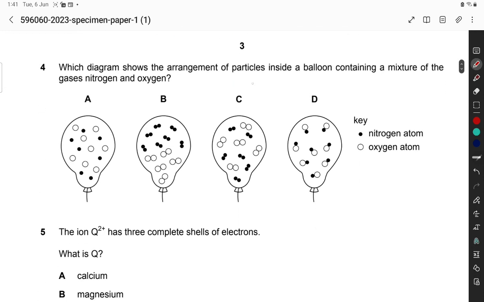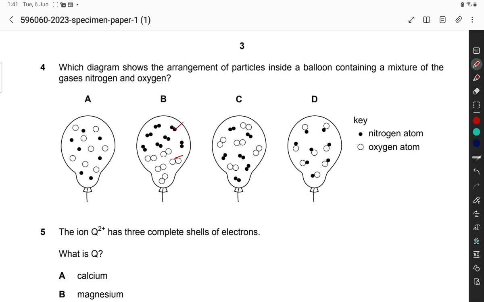Which diagram shows the arrangement of particles inside a balloon containing a mixture of the gases nitrogen and oxygen? Nitrogen is this shape and oxygen is this shape.